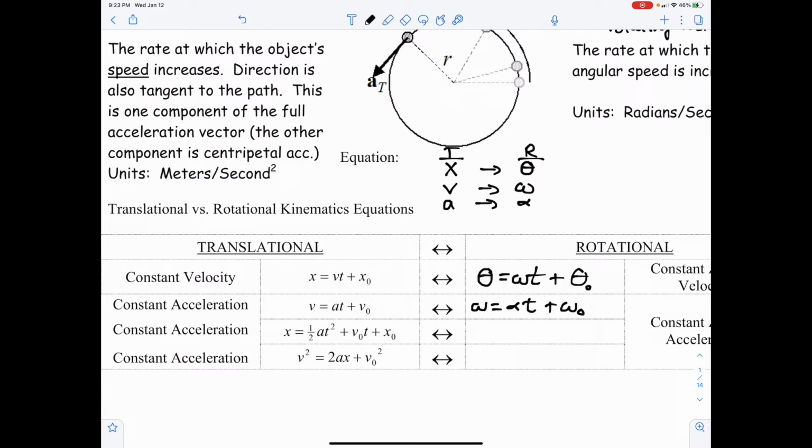The third equation, x equals 1/2 at squared plus v naught t plus x naught, would be theta equals 1/2 alpha t squared plus omega naught t plus theta naught. And then in the final equation, we have v squared equals 2ax plus v naught squared. Well, that would be omega squared equals 2 alpha theta plus omega naught squared.